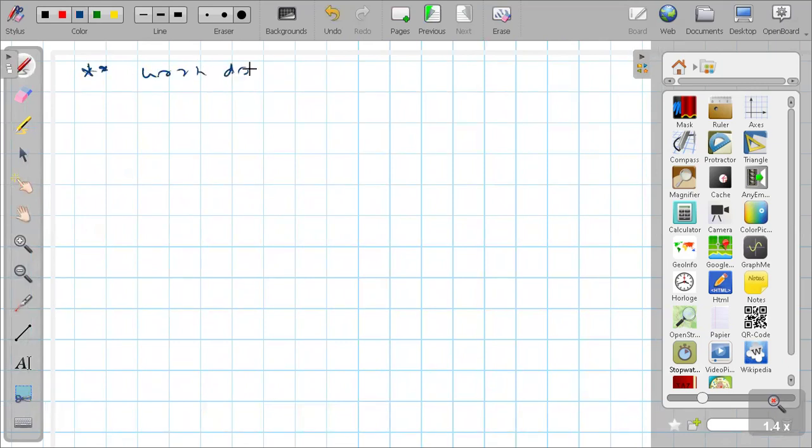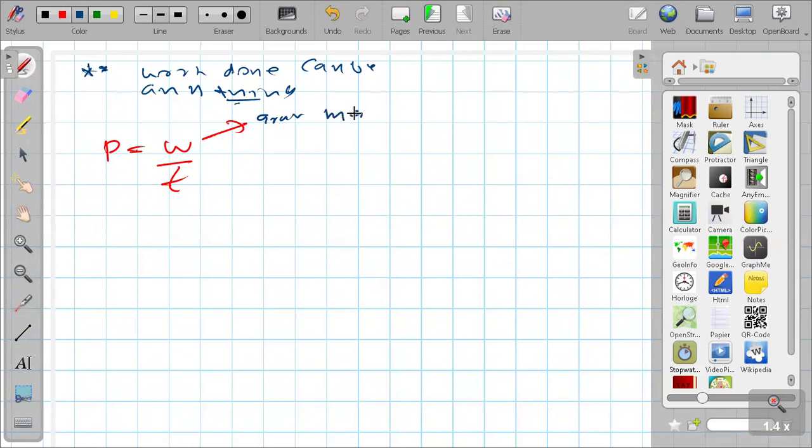Work done can be anything. What is the meaning of that? So the power equals to W over T. Good example, the work done can be gravity. So it should be mgh. So you can substitute mgh. So the equation becomes what? Power equals to mgh over T.